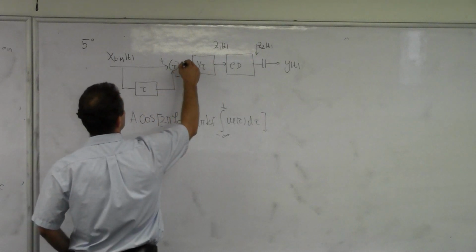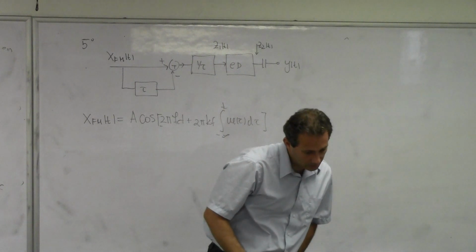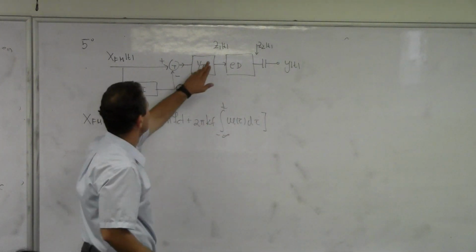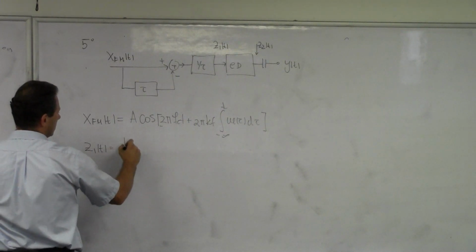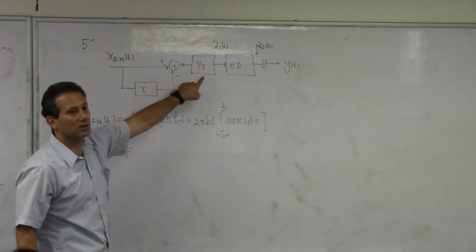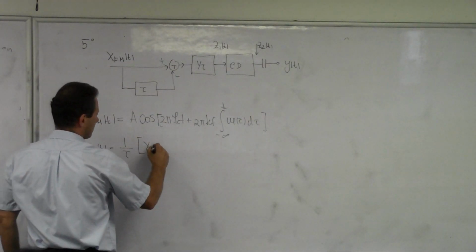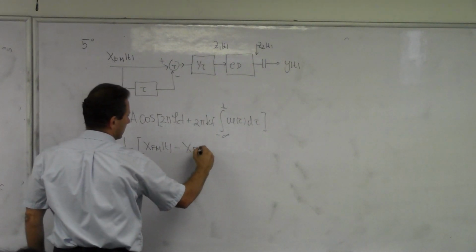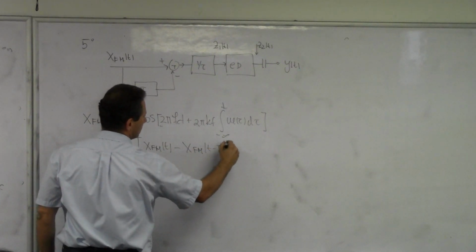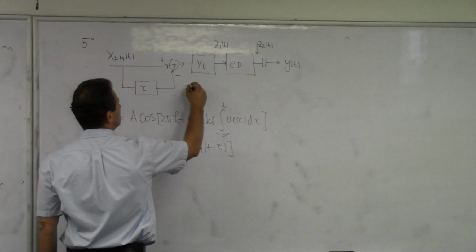If I look at the signal at this point here, how do I call it in my block diagram? Well, I can just see what Z1 of t is. Z1 of t is going to be 1 over tau, that's this gain here, times X_FM of t from the upper branch minus X_FM of t minus tau, that's what's coming from the branch downstairs. The assumption here is that tau is small.